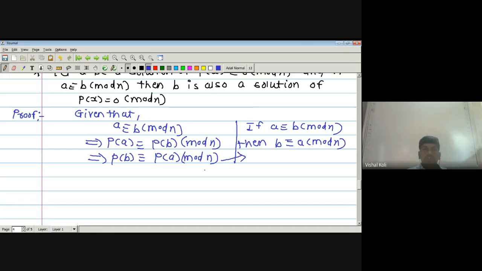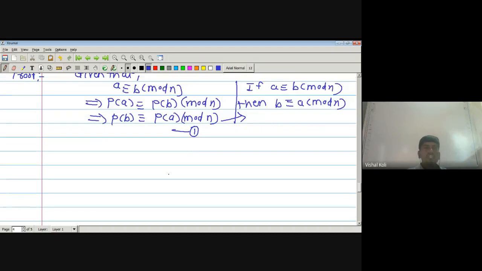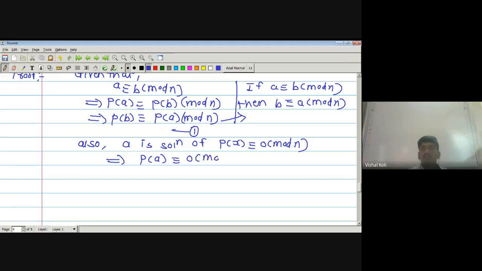Okay, call this equation 1. Also it is given that A is a solution of P of x congruent to 0 modulo n, which implies P of A is congruent to 0 modulo n.